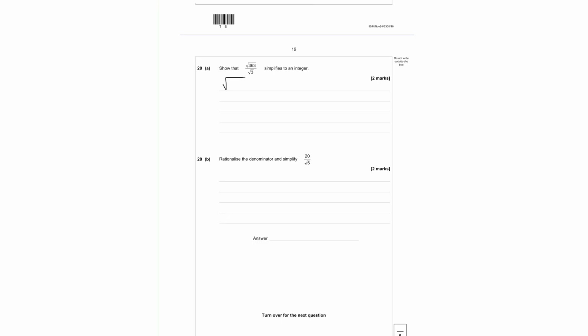As a reminder, if we have root ab, that is the same as root a times root b. So do we have two things that multiply together to give 363? Well, we know that 3 and 120 give 360, so 3 and 121.